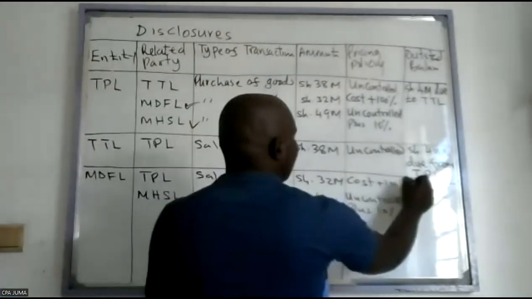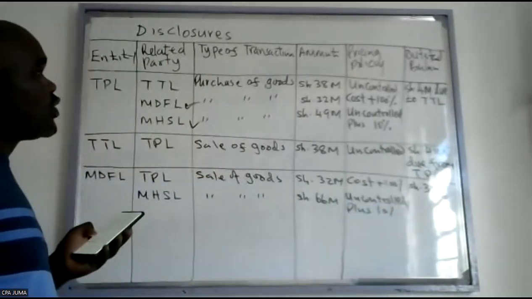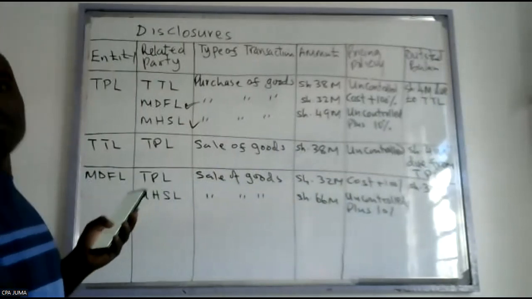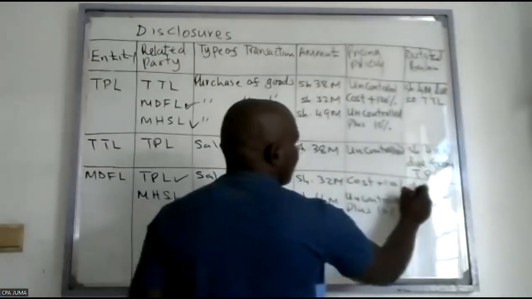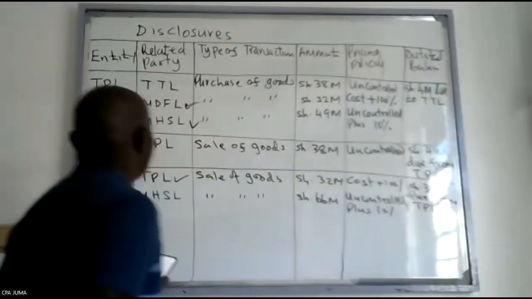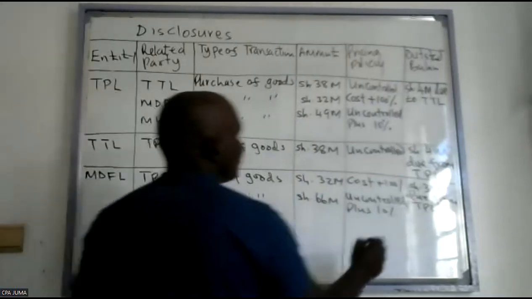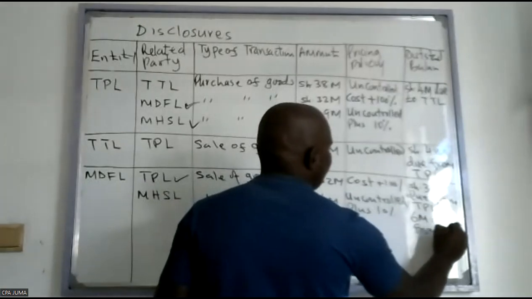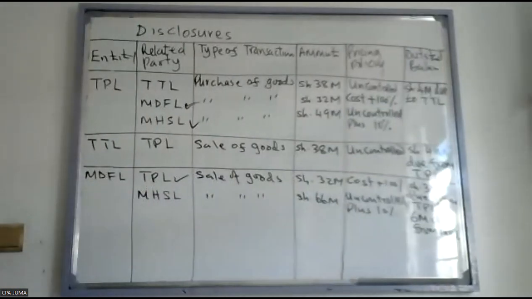Outstanding is 3 million. So they sold. So 3 million due from TPL. Then this other one is 6 million, due from MHSL.